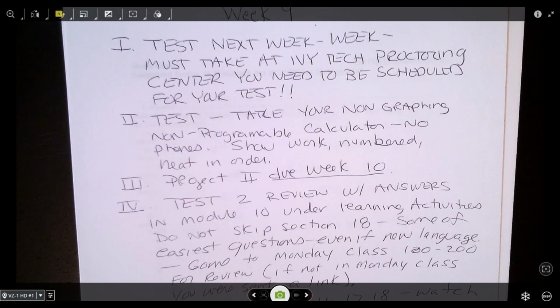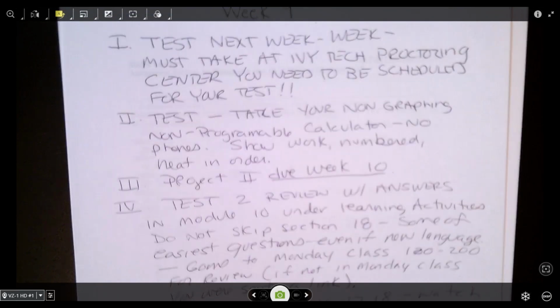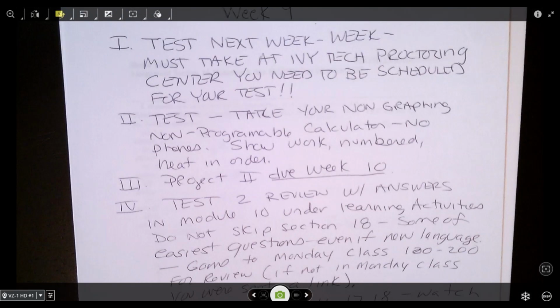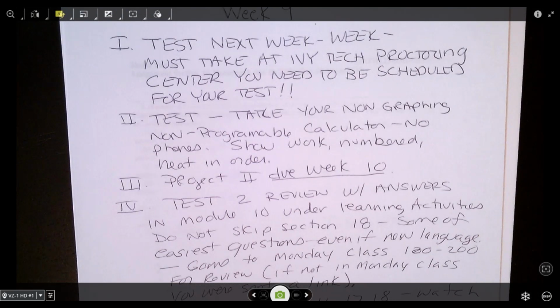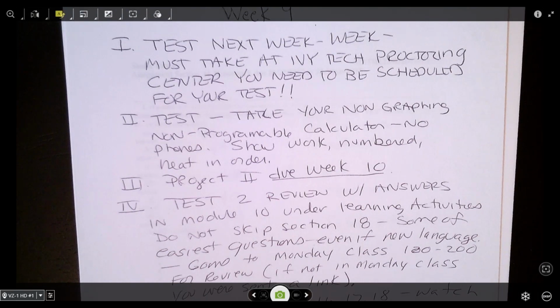These are our last sections before the test. Hopefully you all have your proctoring appointment scheduled. Remember, you need to be scheduled in an Ivy Tech testing center. Have your non-graphing, non-programmable calculator. Show your work numbered in order down the page, neat.